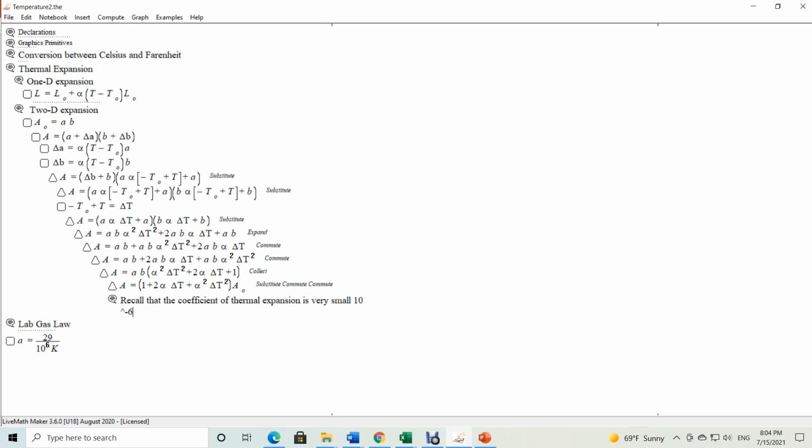So if I square 10 to minus 6, like I have right here, I'm going to get 10 to minus 12. Have you thought about that? And 10 to minus 12 is very small compared to 10 to minus 6. Because of that, the 2nd order term can be neglected. I'm going to put that in my notes. Okay? So let me sort that out here first.